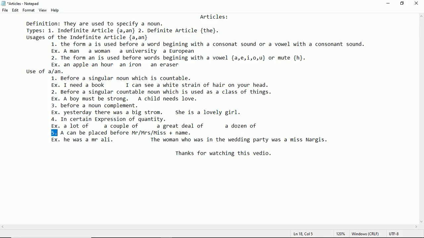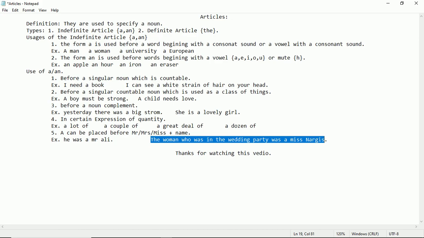And the last usage, we use a before Mr., Miss, or Mrs. plus surname. For example, he was a Mr. Ali. The woman who was at the wedding party was a Miss Nargis.